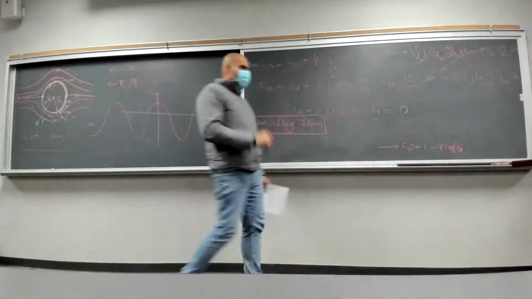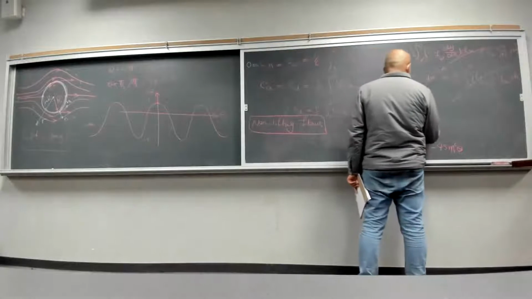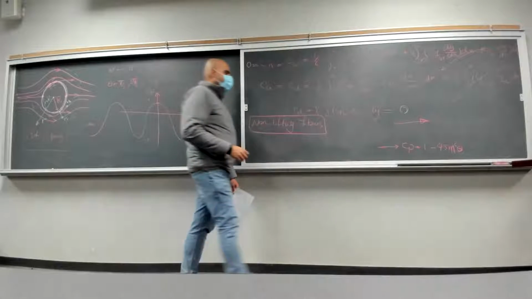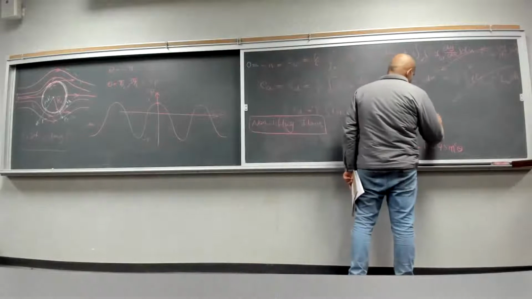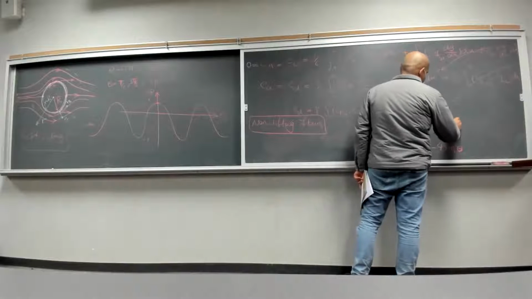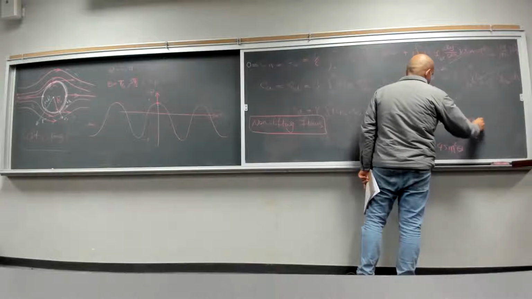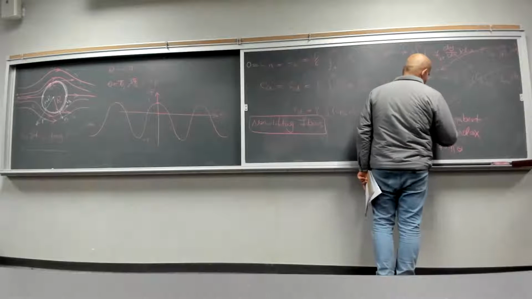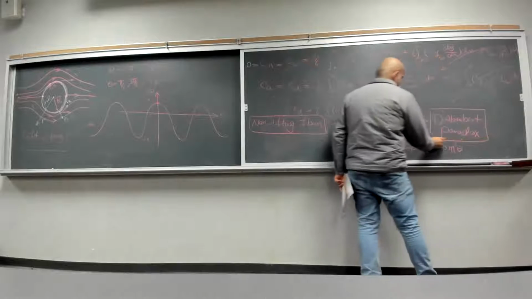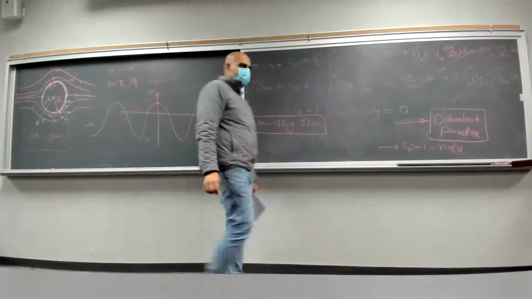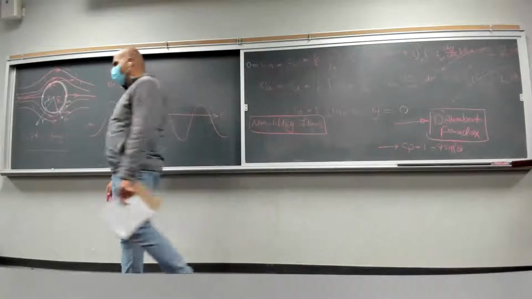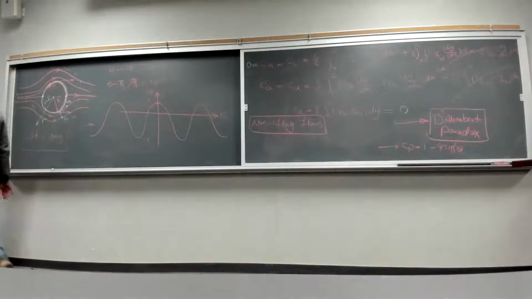This phenomenon, that the inviscid assumption is wrong, because at the time they didn't know anything about viscous flows, is called the D'Alembert paradox. D'Alembert was a French physicist in the late 18th century, and he was the first person to observe this paradox, right?